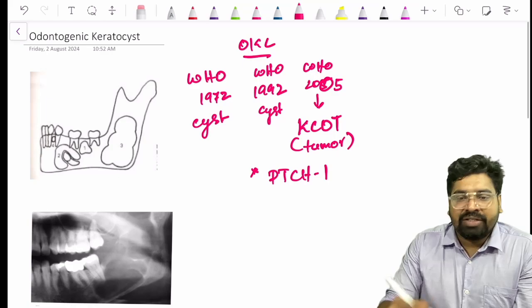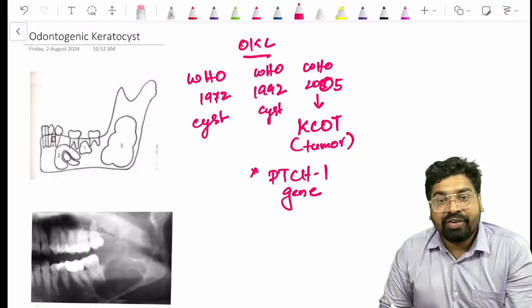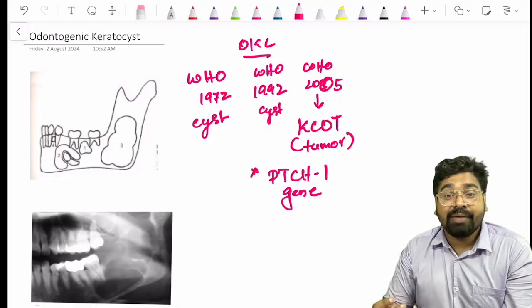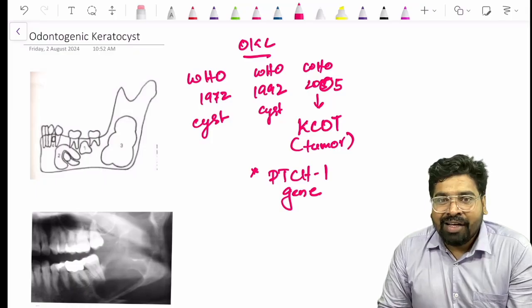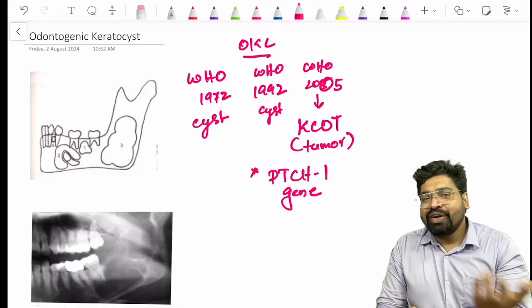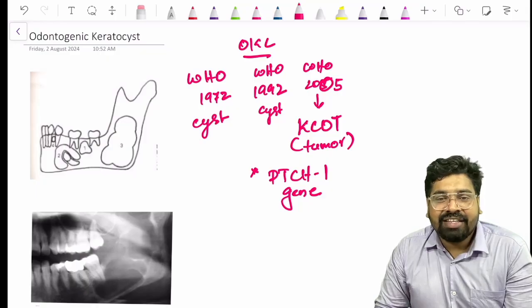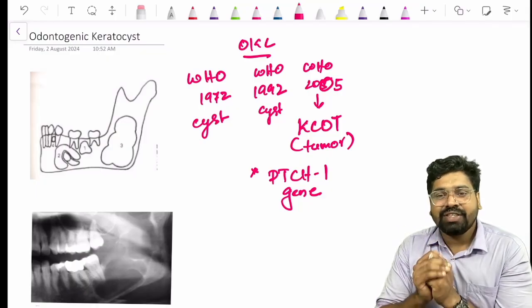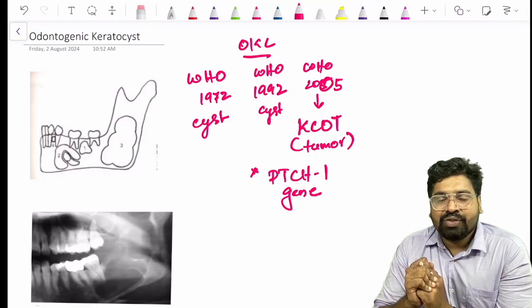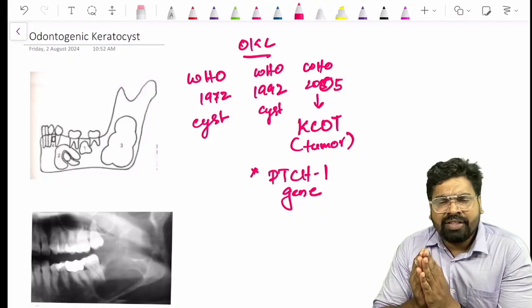The PTCH1 gene was seen in basal cell nevus syndrome, where you have a lot of OKCs, multiple OKCs. If you are not remembering it, kindly go to the video on syndromes and have a quick revision. The same gene is found here. WHO 2005 said that OKC has a mutation with this gene, so it is not a cyst but a tumor.